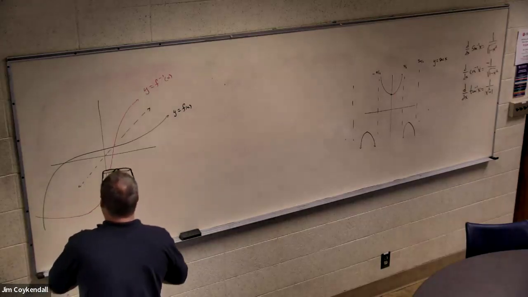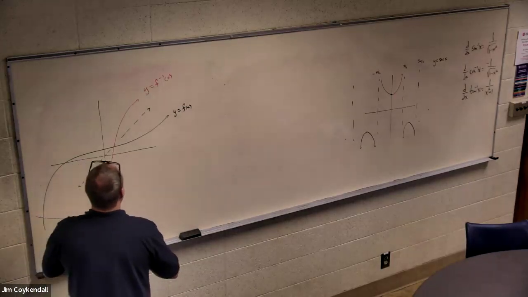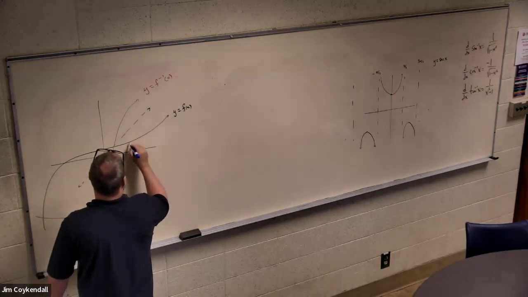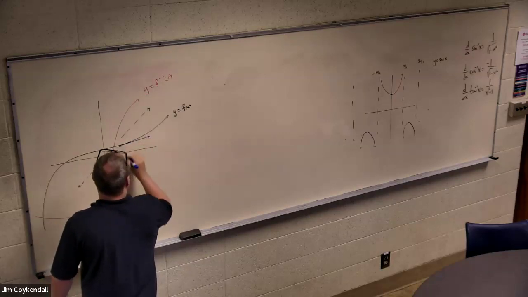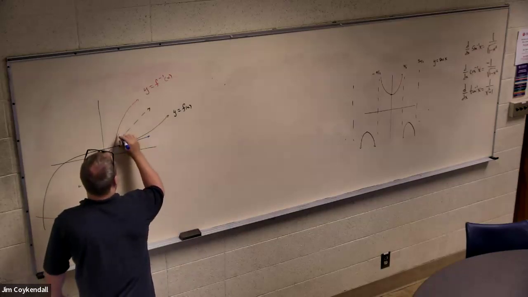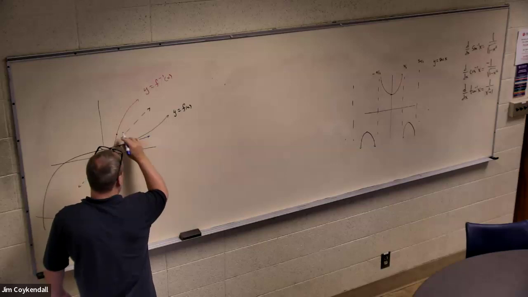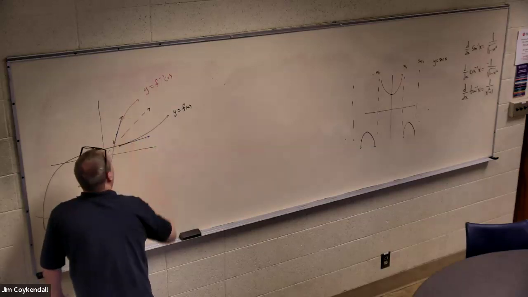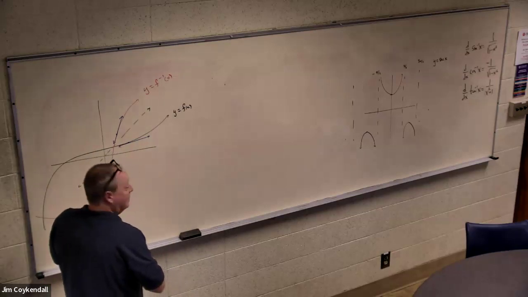If I have, let's say, a point on the original function here, and I have a tangent line here, then there's a corresponding point here, just the reflection about y equals x, and it has a tangent line here.